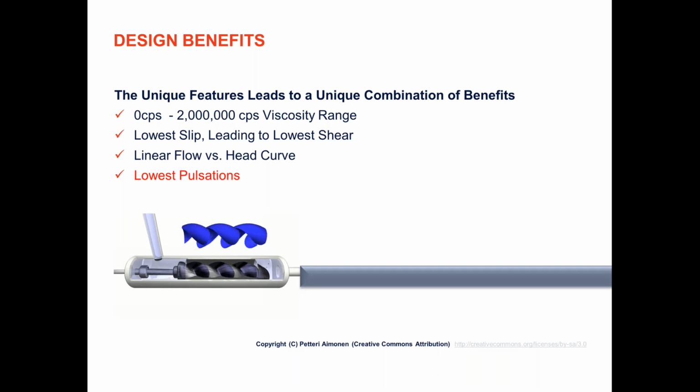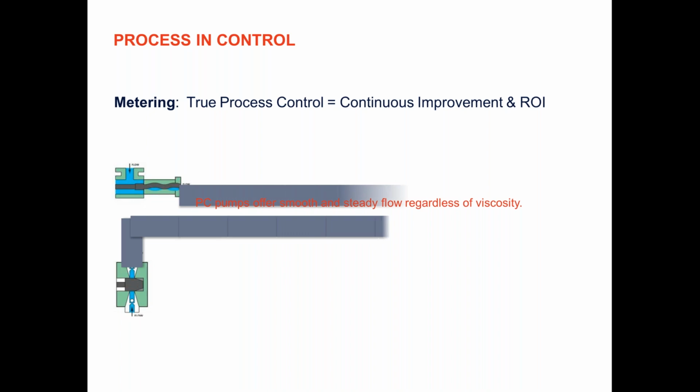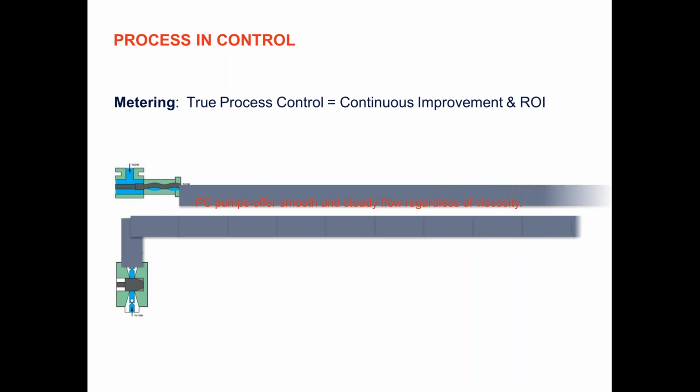Lowest pulsations on the market, lowest shear, lowest slip. It's how you maximize your polymer usage. So when you look at most of the pumps on the market, they do have some sort of pulsing technology. This is the fastest growing market for progressive cavity pumps because of their low pulsation capabilities.